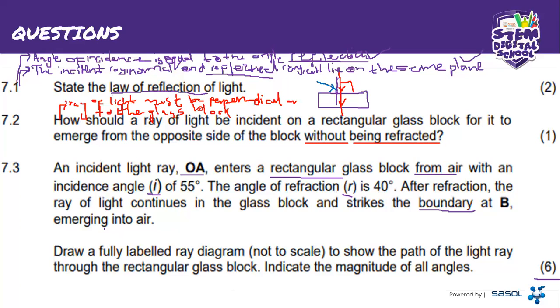Now, we were then required to draw a fully labeled ray diagram. Now, I want to emphasize this. We've been told that it must be labeled to show the path of the light ray through the rectangular glass block altogether. And all the magnitudes of the angles must be shown. Right, let us do that.